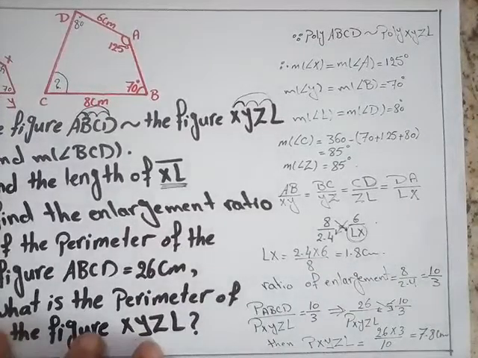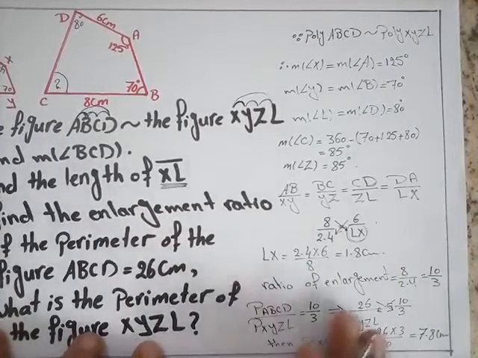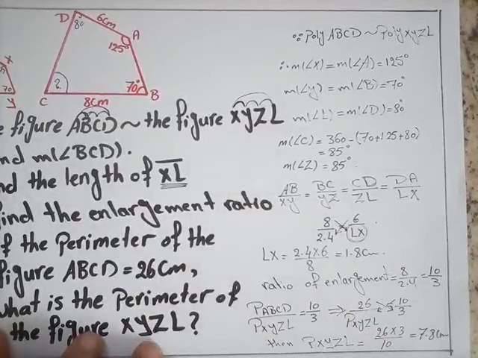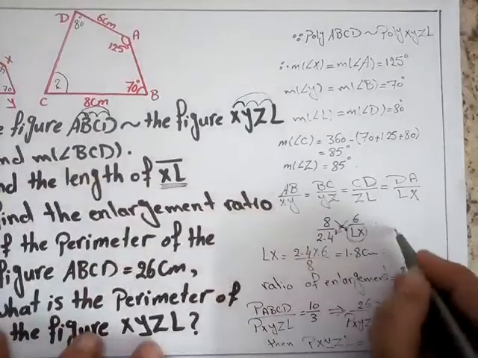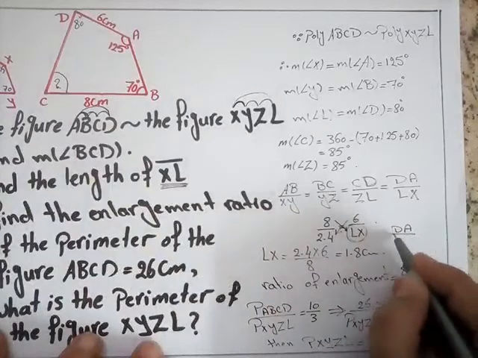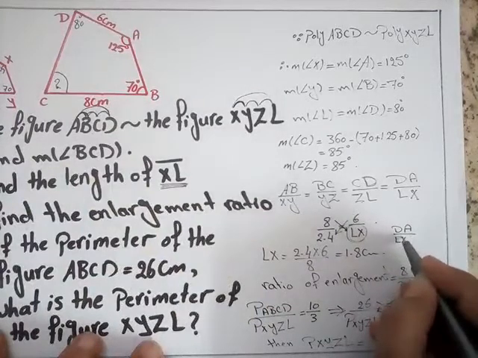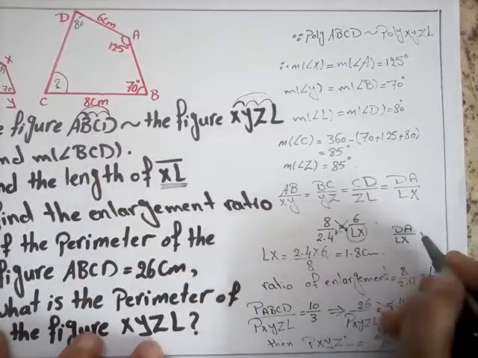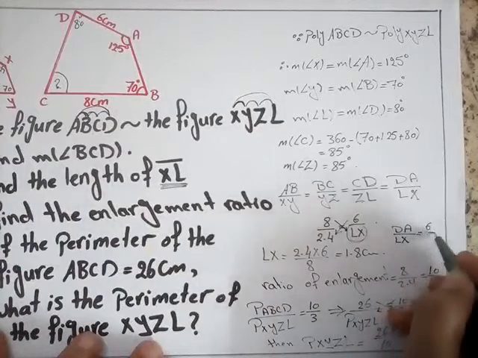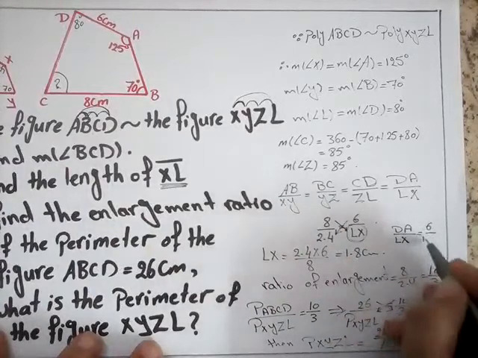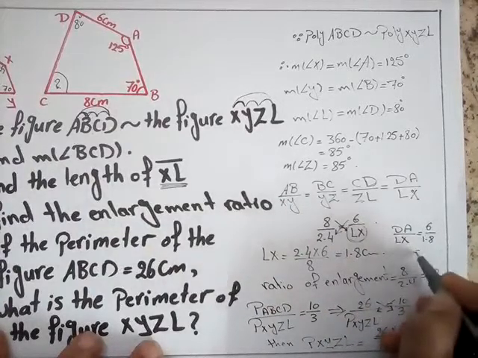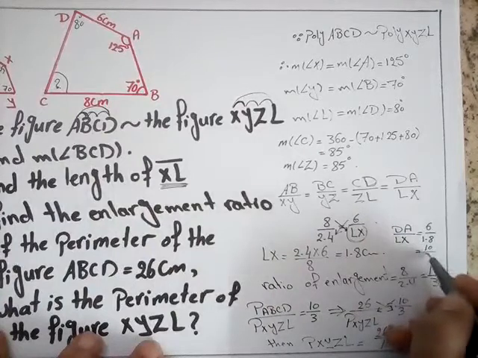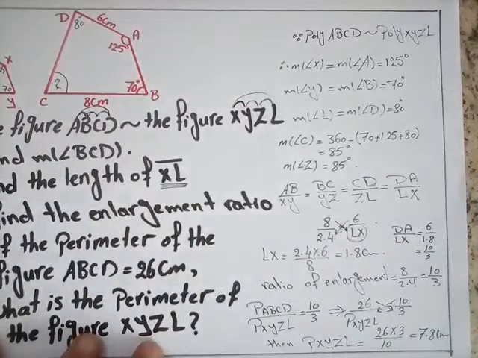We can use any other two sides to find the enlargement ratio. For example, DA over LX, where DA equals 6 centimeters and LX we found is 1.8. After simplifying, it will be 10 over 3 also.